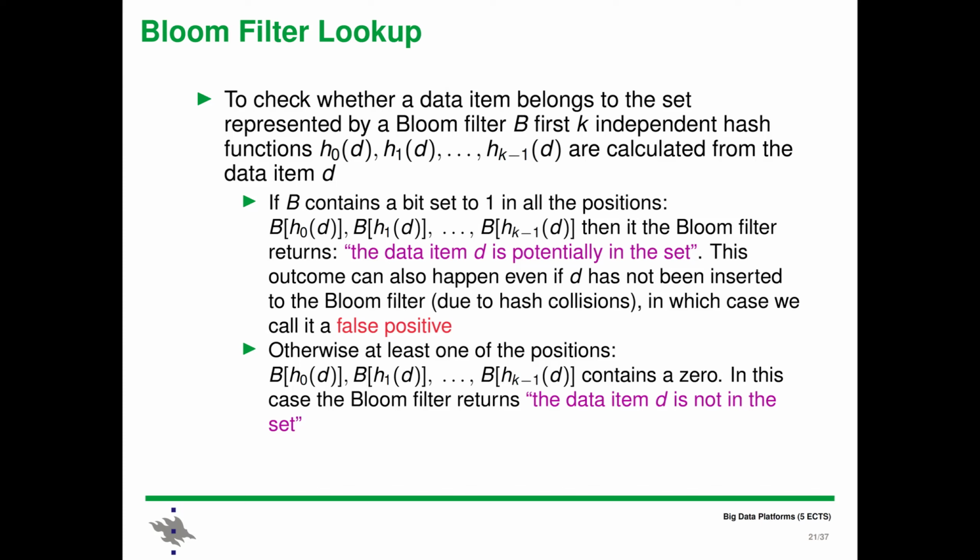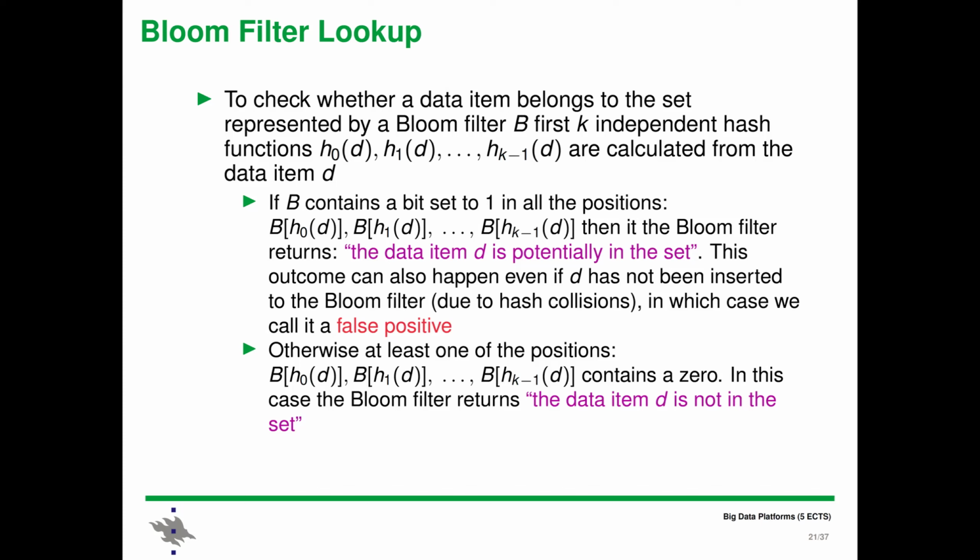Okay, then consider adding more hash functions. The more hash functions we add, the more positions we probe, so our chances of hitting something by accident in all those positions, of course, go down. But there's also the other direction.